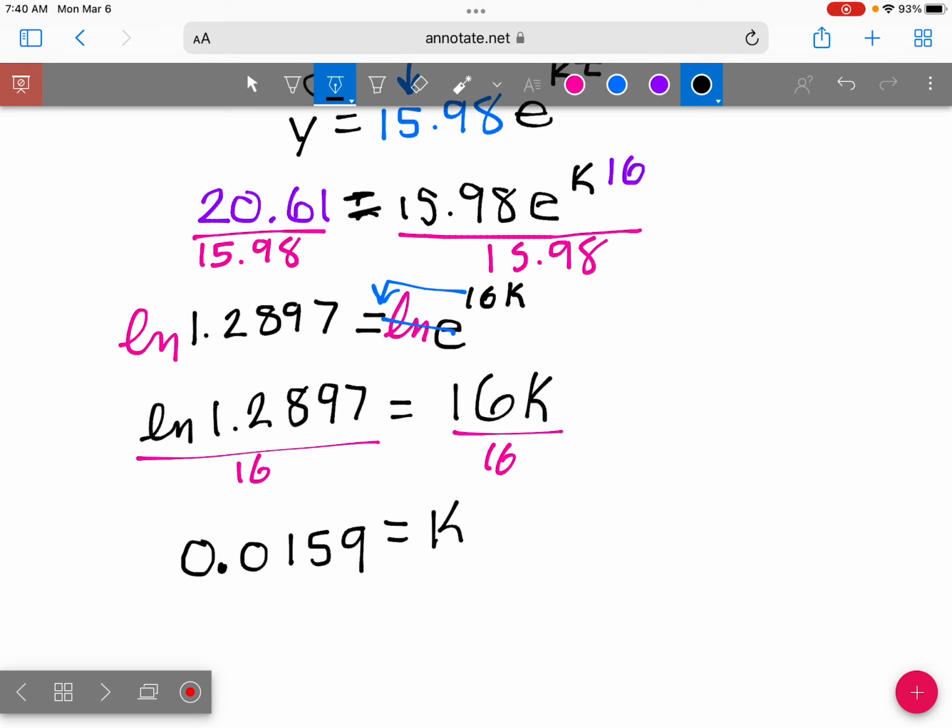That is our growth factor. That is how it is growing. Anyone know what percent that is? Growing at what points? What percent? 15.9%. Not 15.9.